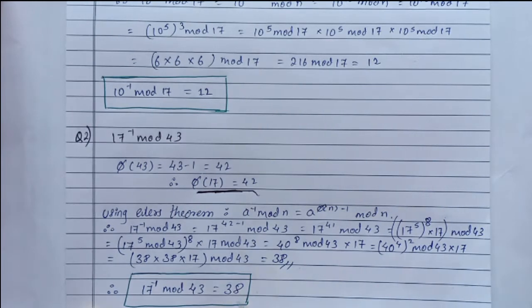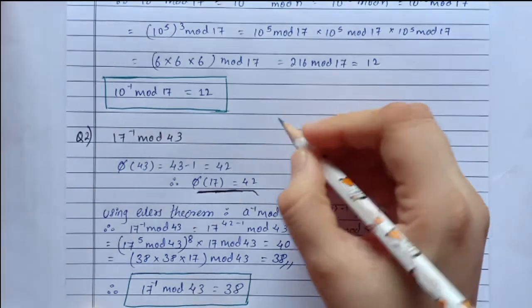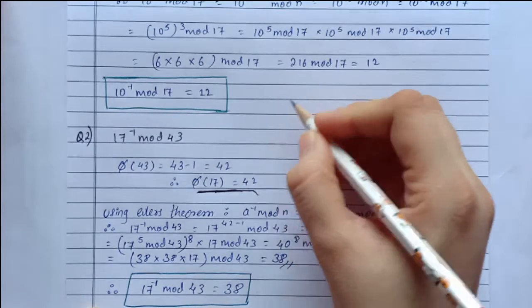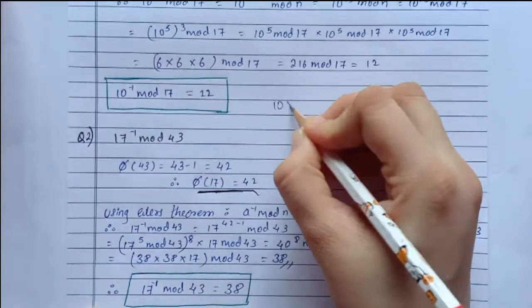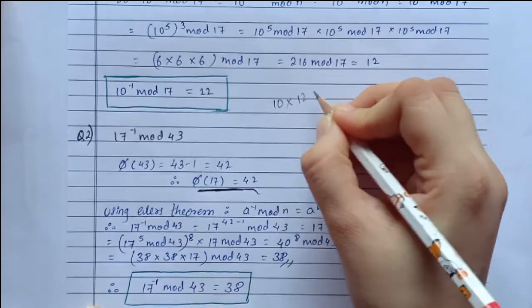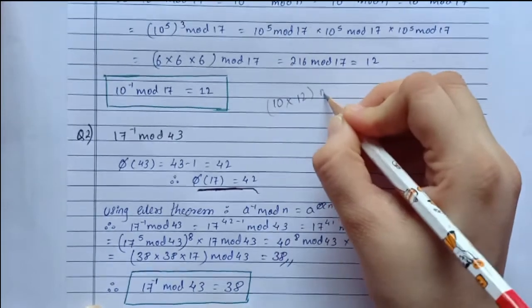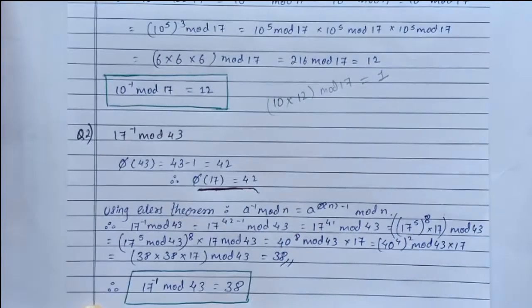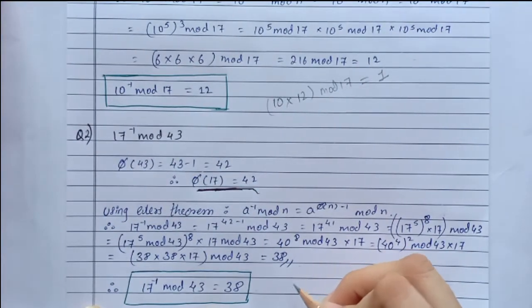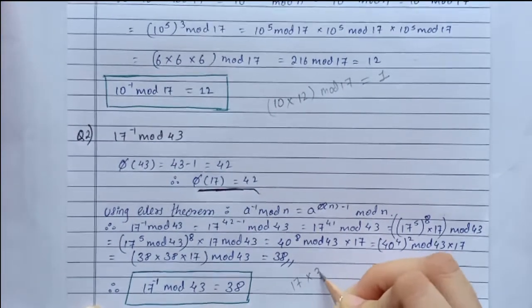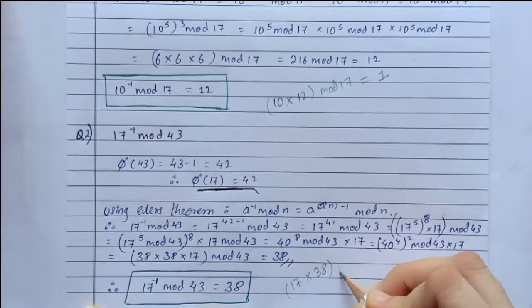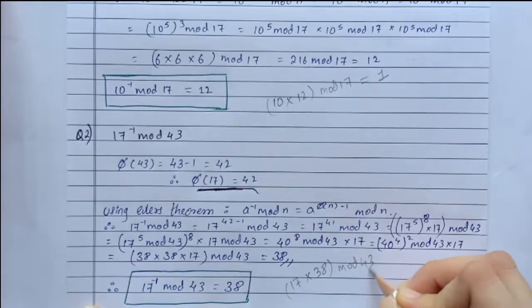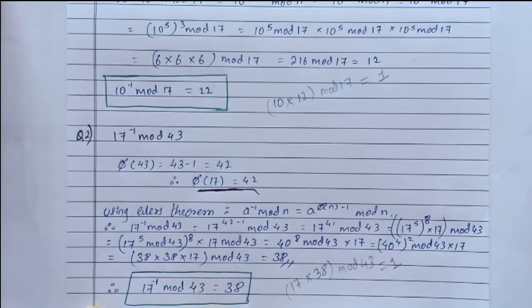Also you can check both by performing the multiplication. For the first example, 10 into 12 mod 17, we get 1, and in the second case 17 into 38 mod 43, we get 1. Thus we can say that these two are multiplicative inverses of each other.